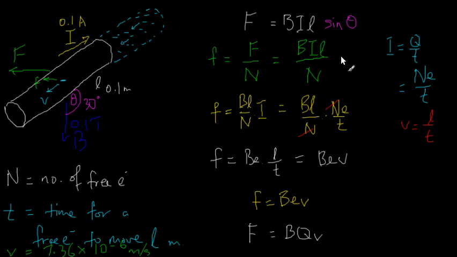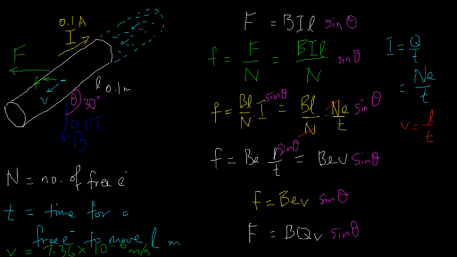So I should have sine theta there, a sine theta there, a sine theta here, and here, and here, and here. So just a straightforward inclusion of the sine theta factor all the way down to here. This then would be a more complete formula that we can use.